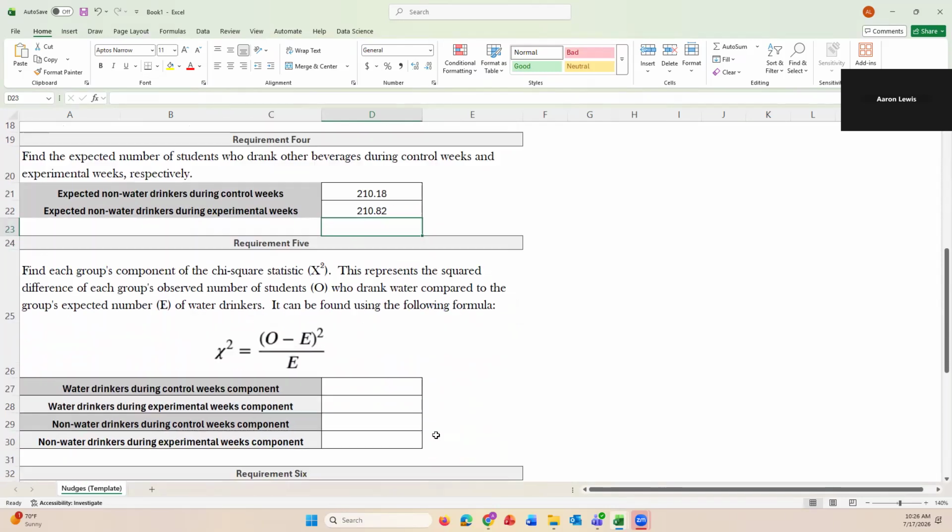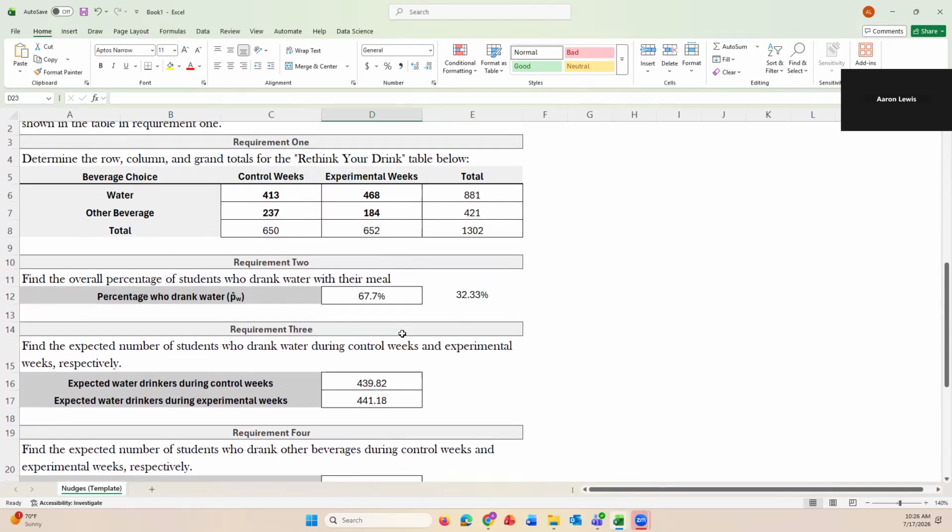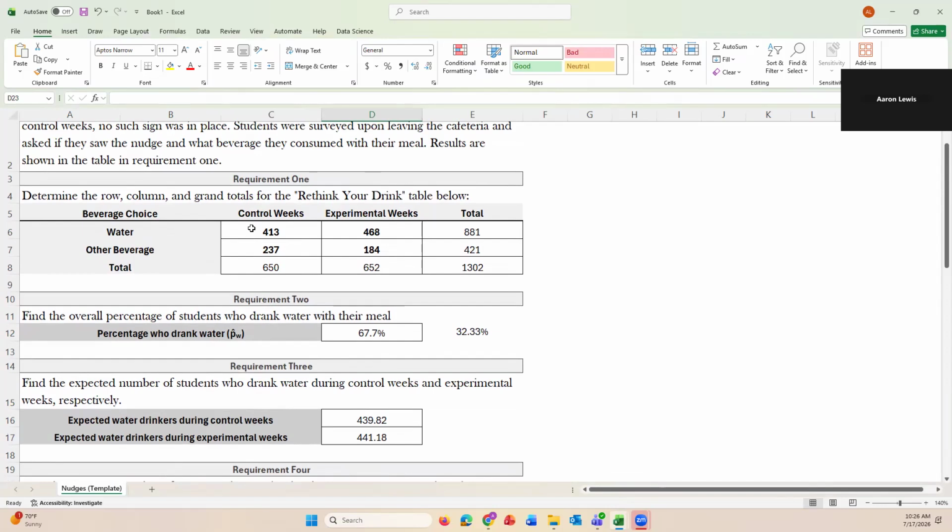So for requirement 5, we're going to find our chi-squared statistic, our x squared, if you will. And the way that you find this is you break down all of the different components. And by components, I mean intersections in the data that you have. So we have the intersection of water in control weeks. We have the intersection of other beverage in control weeks. We have the intersection of water in experimental weeks.